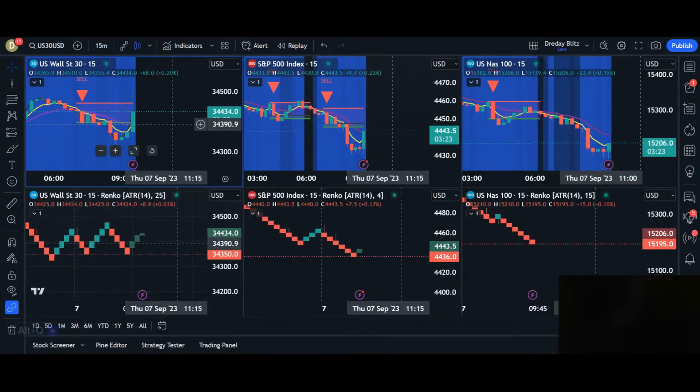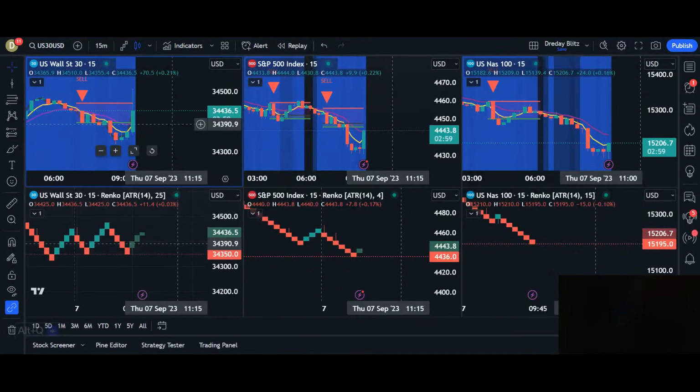We'll see if we have a continuation in the price here. If you're looking at the EMAs right now, they're starting to cross. As long as it closes above the EMAs, it's going to confirm that the trend has changed.